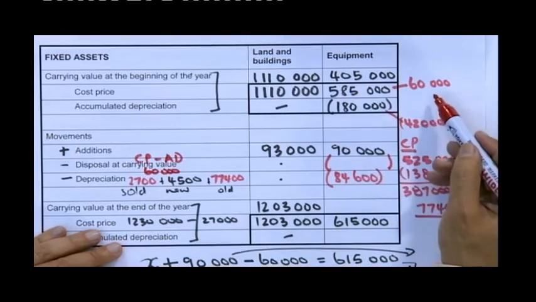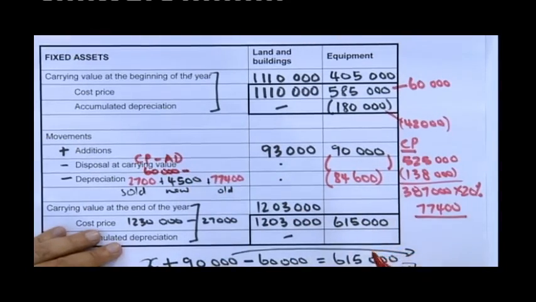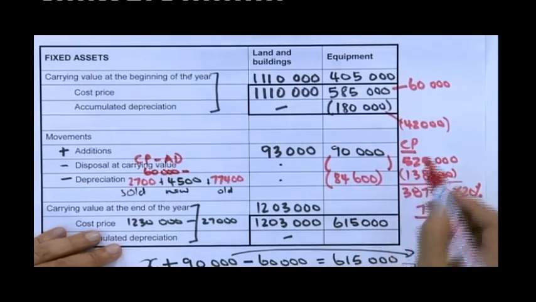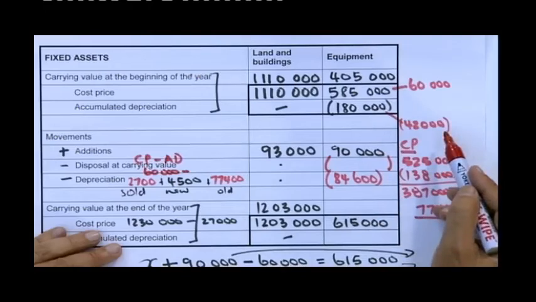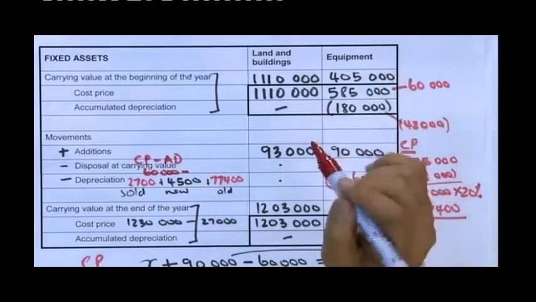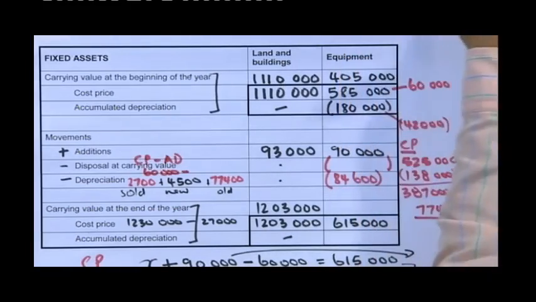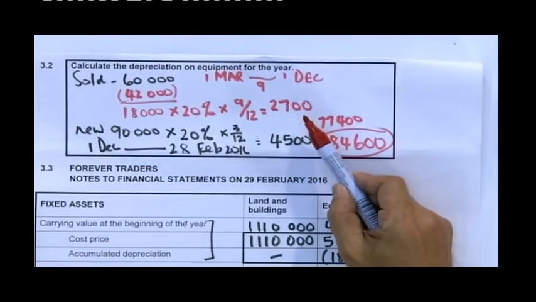Remember we took the 60,000 out over there, and the accumulated at the beginning of the year was 42,000. But you're not going to minus the 42,000 because the equipment became 9 months older. You had to write off an extra 2,700, which is the item over here that we have on the depreciation for the item sold.